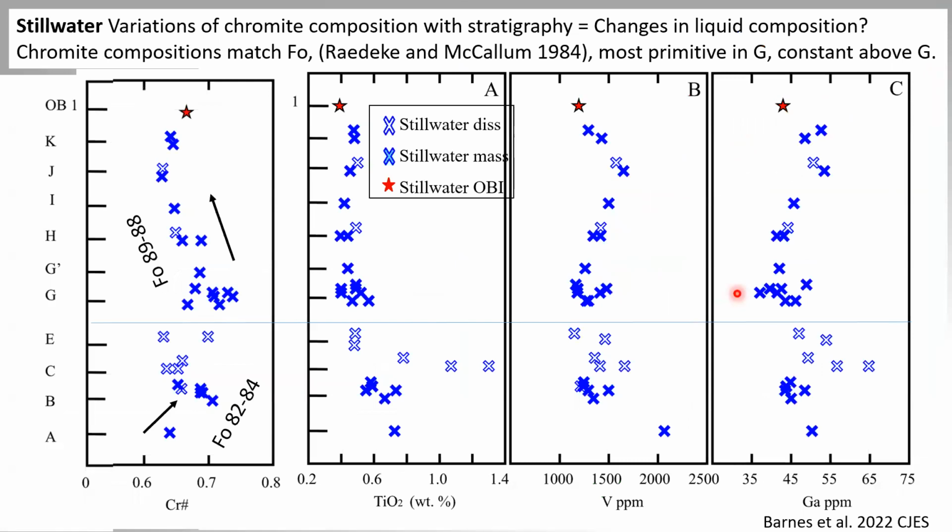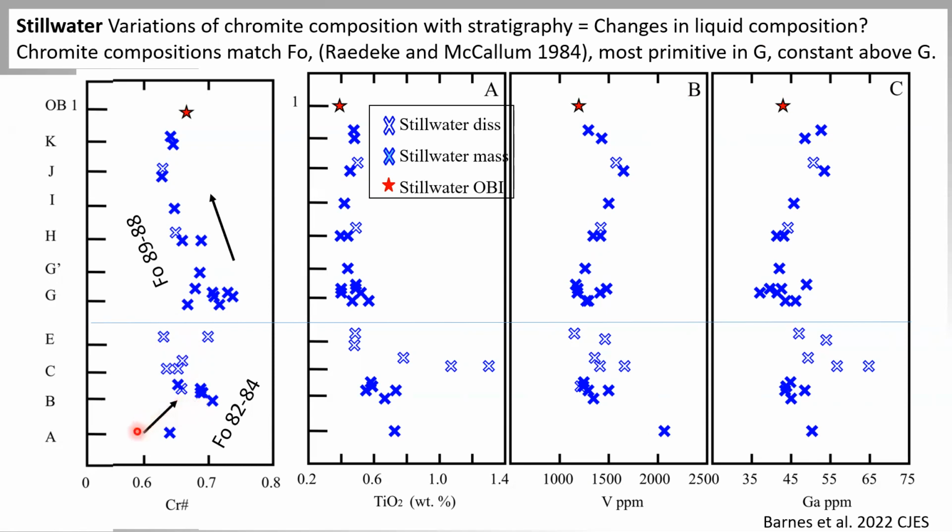Okay, so we're still talking about whether the chromites reflect the magma composition. Looking at the Stillwater, going through the A, B, C, and even to E, the open crosses are when they're less than 50% chromite. The solid crosses are when the rocks had more than 50% chromite.